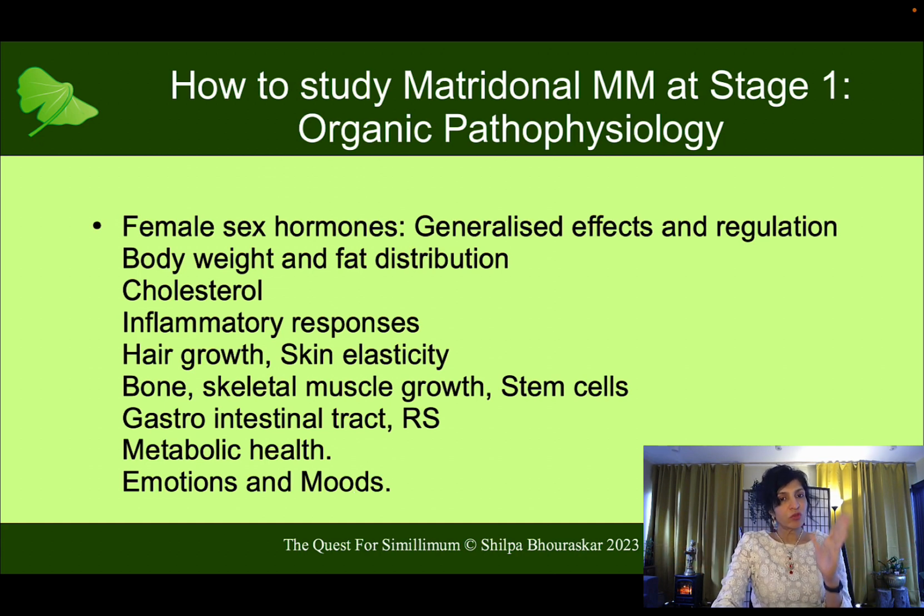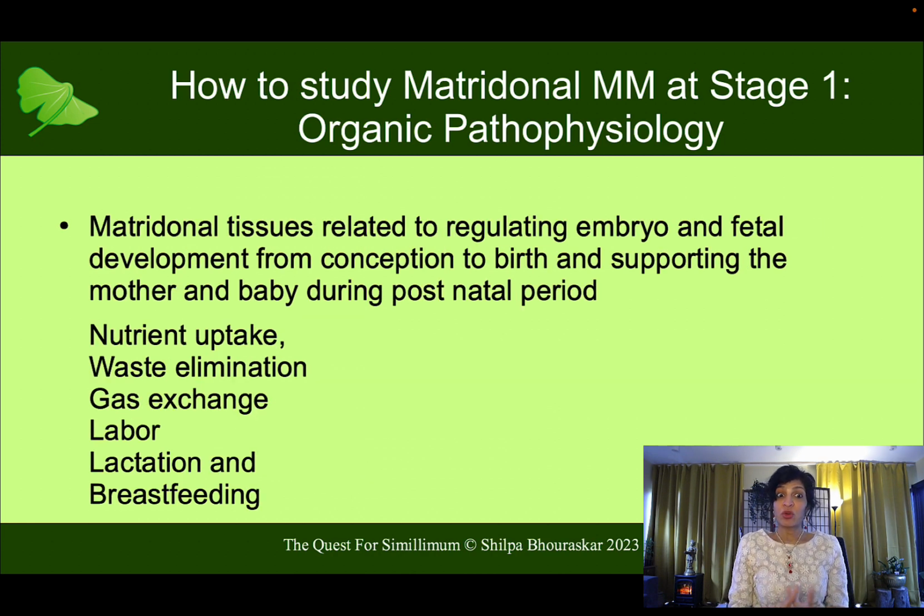But hormones are just one part. You have the other part in the matridonals, and that is the matridonal tissue, which is related to the tissues which are regulating the embryological, the fetal development, right from conception to birth, and then also in the postnatal period while the child is breastfeeding.